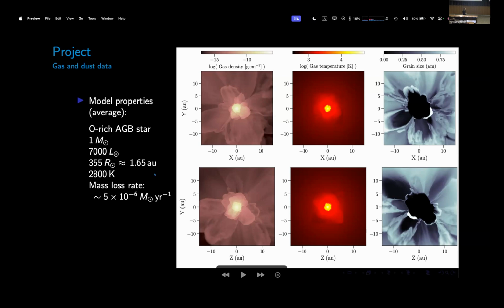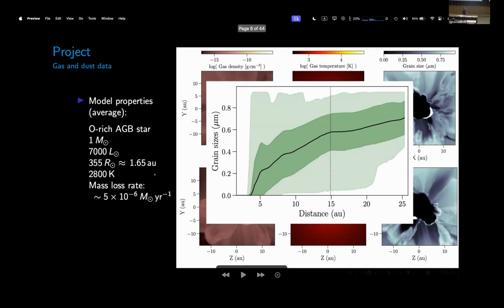You can see there's plenty of dust around here, and also this cloud, which you also see here in a different direction, where we have rapid grain size growth quite close to the star. It's also visible in a radial plot, where the black line is the average grain size in spherical shells.